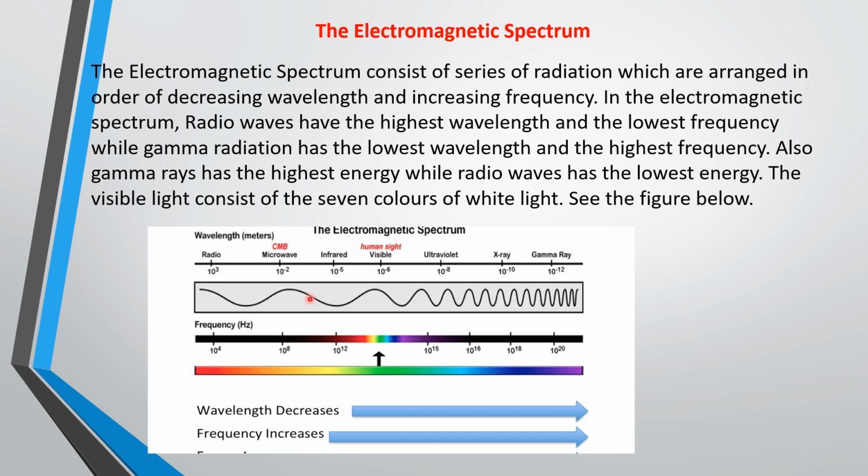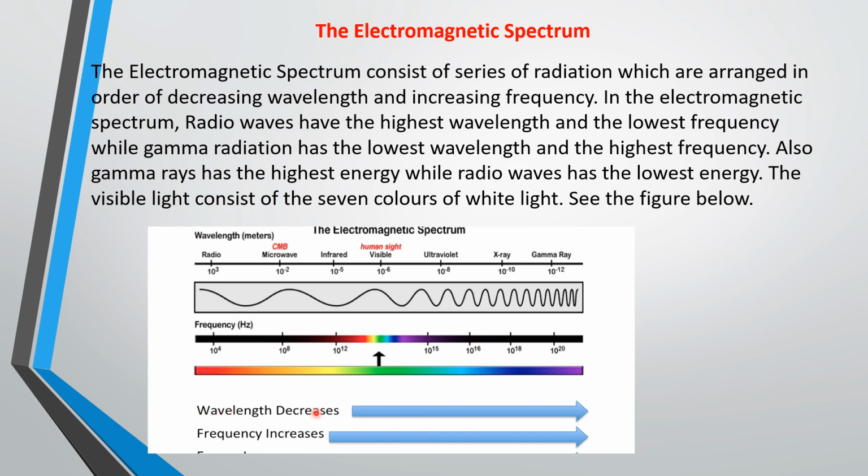So from this you see that radio will have the highest wavelength and gamma ray has the lowest wavelength, and radio will have the lowest frequency, and gamma ray has the highest frequency, and that you can see in this arrow indication.